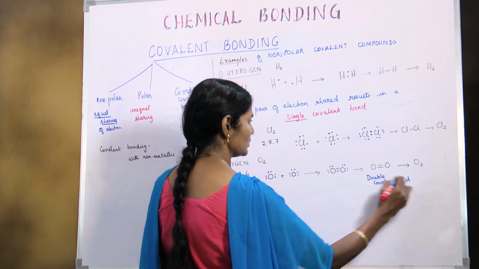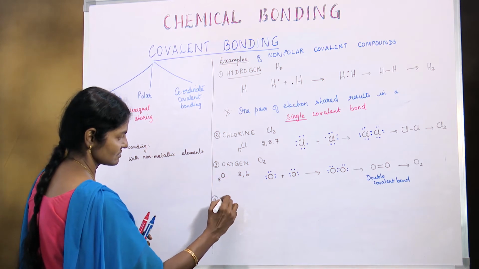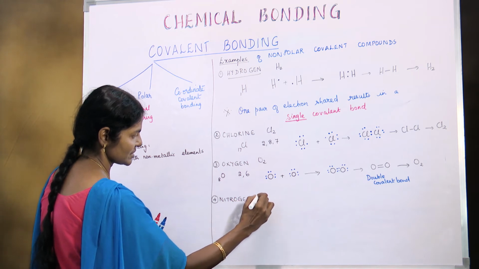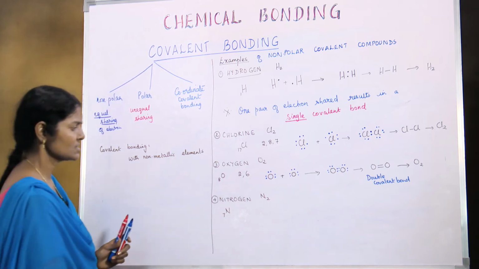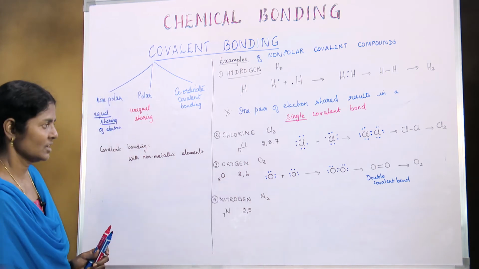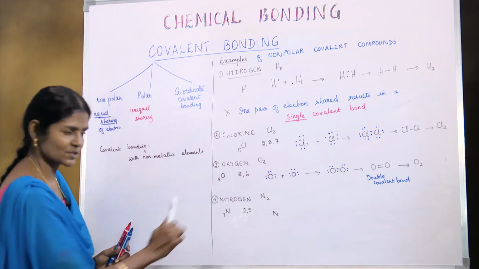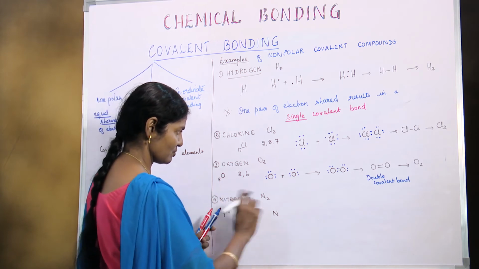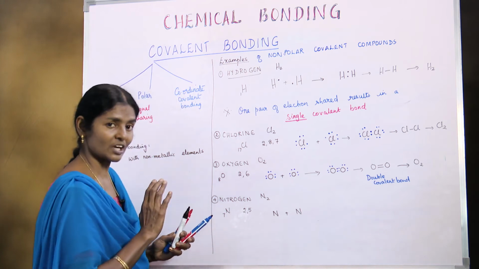Okay. Now let's move on to the next example of nitrogen. The atomic number is 7, so the electronic configuration would be 2, 5. How do we write this? Let us see nitrogen. It is running short by 3 electrons to obey the octet rule. Therefore, 2 nitrogen atoms, when they combine, need to share more.